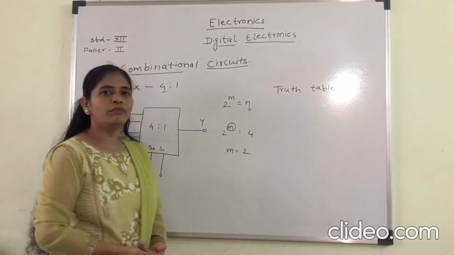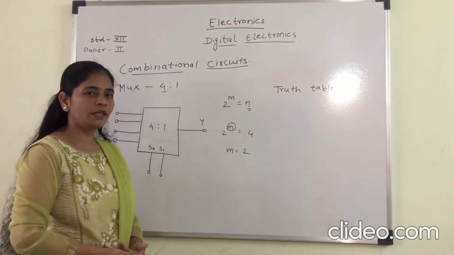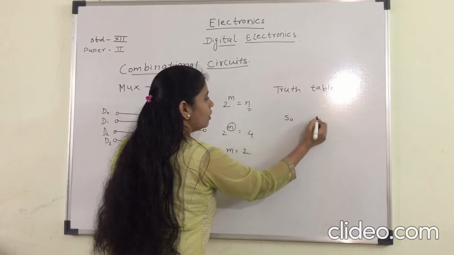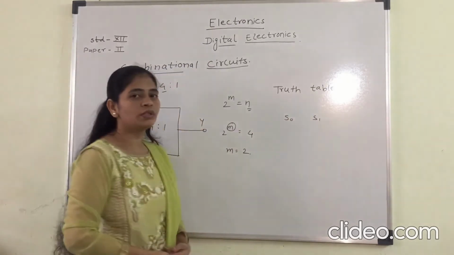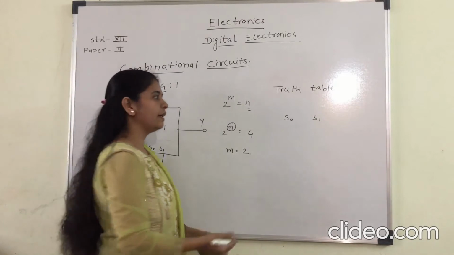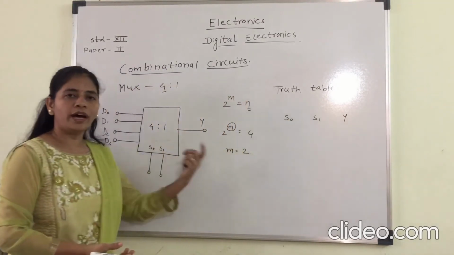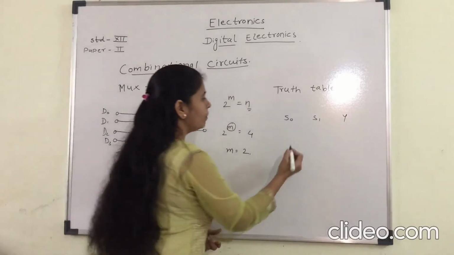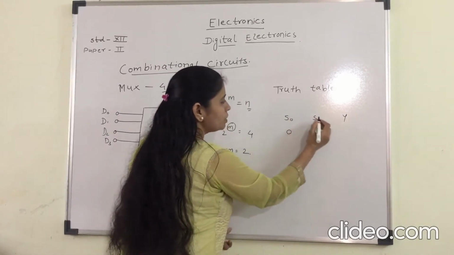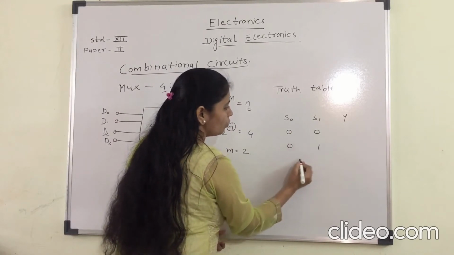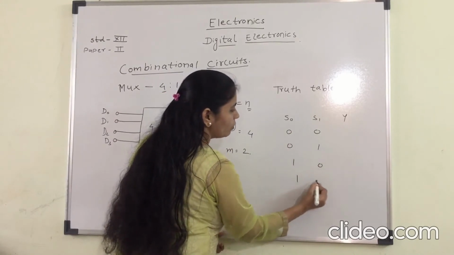The truth table of 4 to 1 mux. See, here the select lines are S0 and S1. According to these select lines, we will get the selected input at the output. So, with 2 select lines there are 4 input conditions: 0 0, 0 1, 1 0 and 1 1.